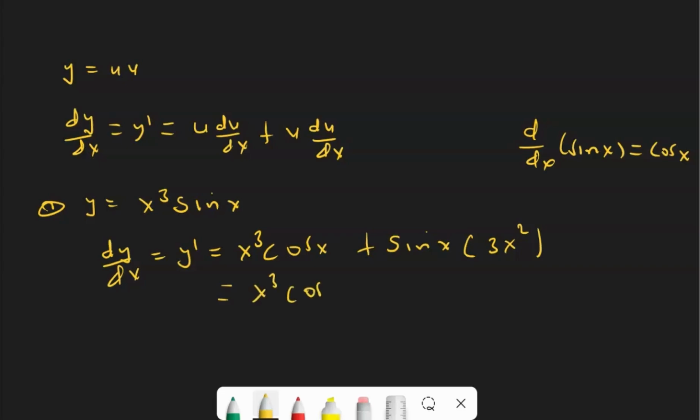Now simplifying this, we have x cube cos x plus 3x squared sine x.